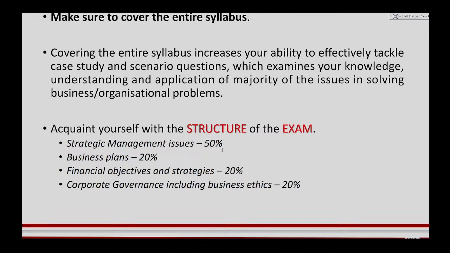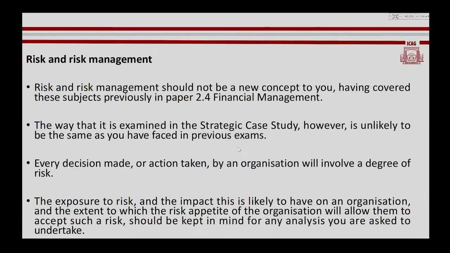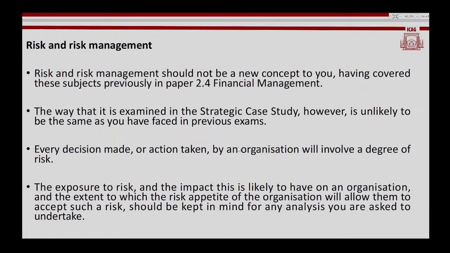So if you can break it into 4, you have strategic management, financial management, risk management, and corporate governance and ethics. So if you look at it, if you master these 4 areas, you should be fine. So acquaint yourself with this structure. Now, let's take them one by one.